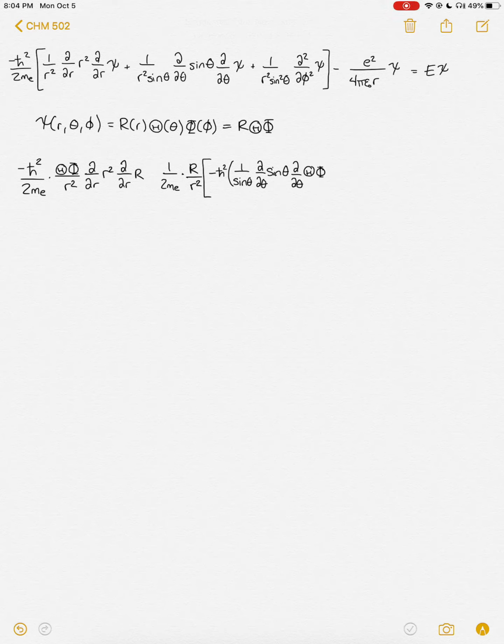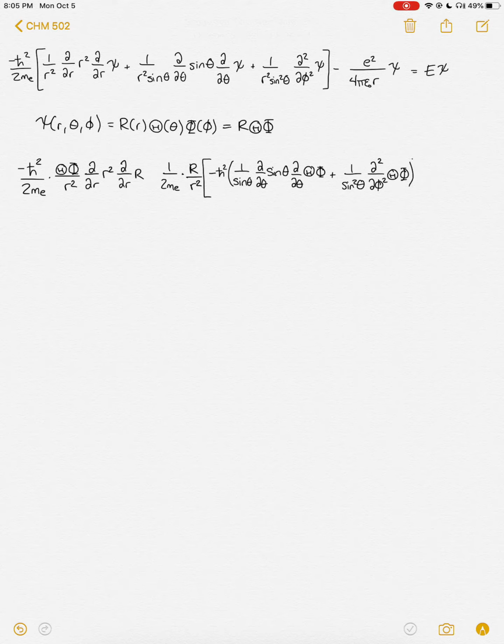Now, I could properly take out that Phi, and I'll show you why I'm not doing that in a second. To this, we are going to add the final term: 1 over sine squared theta times the second derivative with respect to phi of our functions of theta and phi.